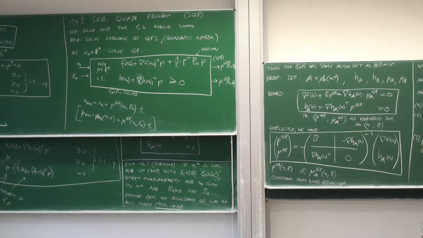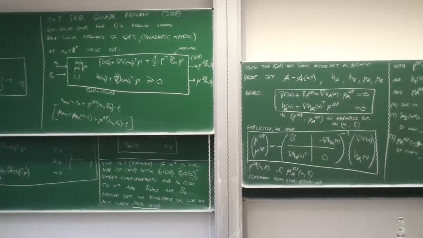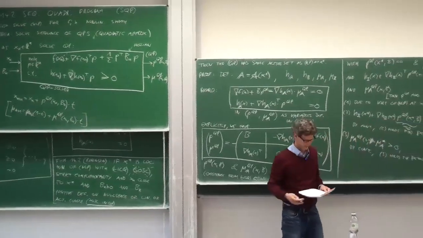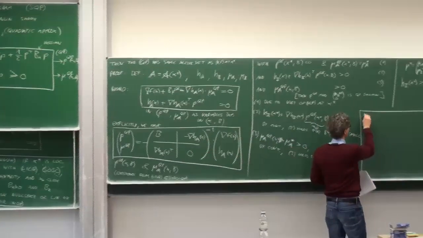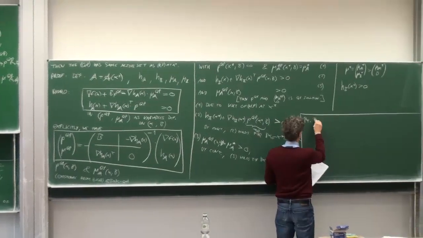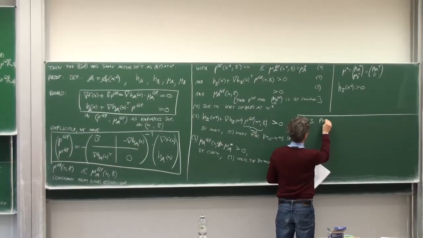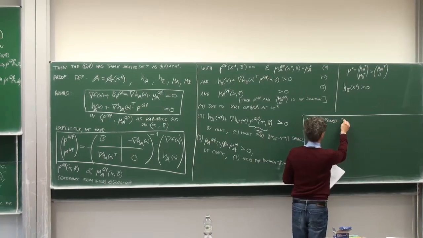So what would you do in order to make this a full-scaled, nice algorithm? And I will state one algorithm that is due to Mike Powell, also a senior optimizer.